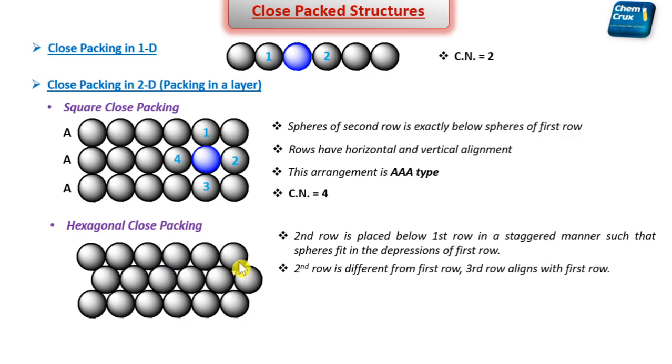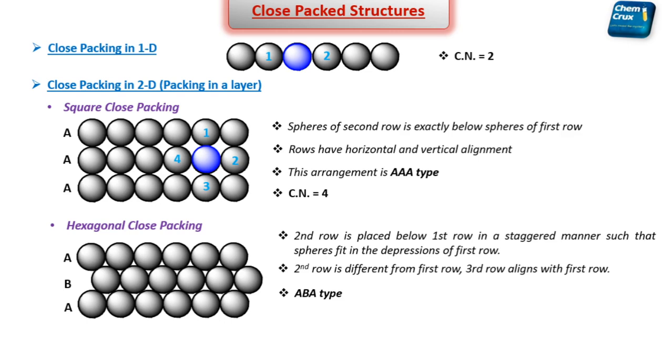first row, correct? Now if we label the first row as type A, then definitely the second row is of a different type, that is type B. Now the spheres of the third row are in alignment with spheres of first row, that is it will also be of type A. So we can say hexagonal close packing is ABA type.